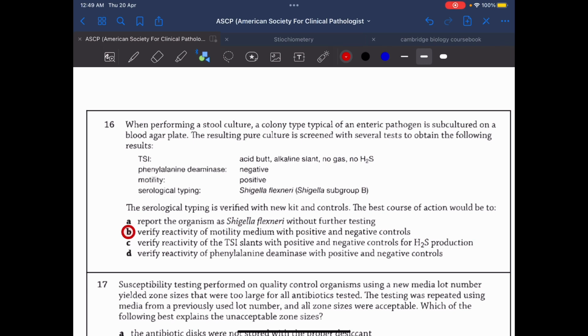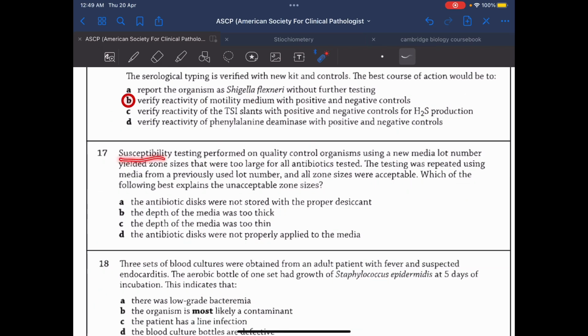Question number 17. Susceptibility testing performed on a quality control organism using a new media lot number yielded zone sizes that were too large for all antibiotics tested. The testing was repeated using media from a previously used lot number and all zone sizes were acceptable. Which of the following best explains the unacceptable zone sizes?